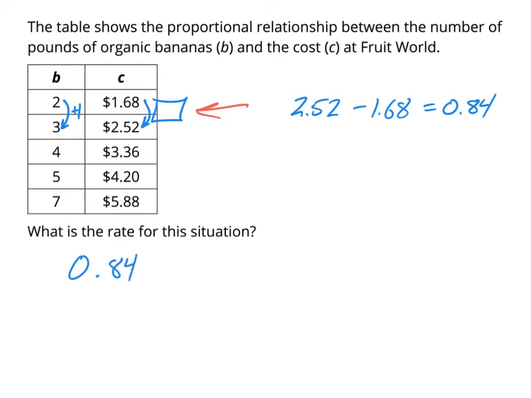In other words, it costs 84 cents per pound of the organic bananas. But the big thing we're looking for is that the rate is going to be 0.84. Because this is talking about a rate, we are going to include the units. Remember, it was cost for the bananas, so I would say that this is $0.84 per pound of bananas.